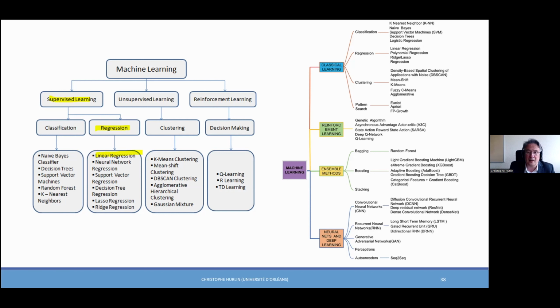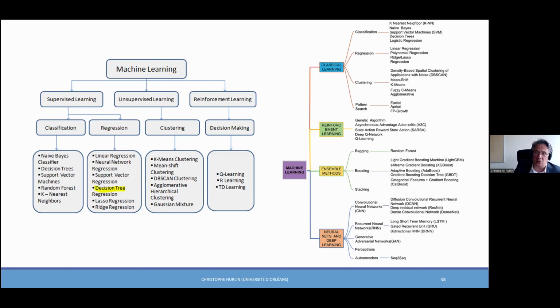You will also find neural network regression, support vector regression, decision tree regression, and some penalized regressions like lasso regression, ridge regression, etc. Unfortunately, during this webinar I will not have the time to present the different ones, but I will focus on the decision tree.